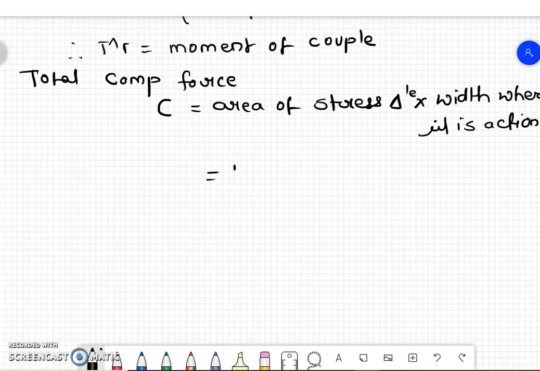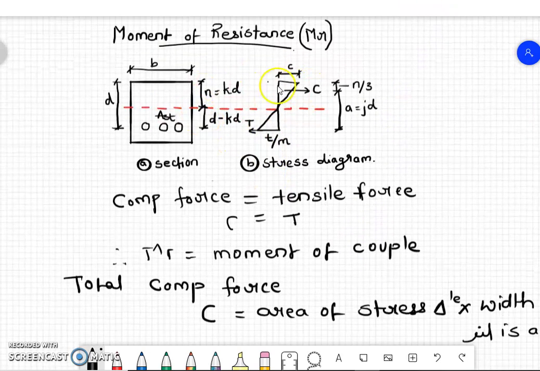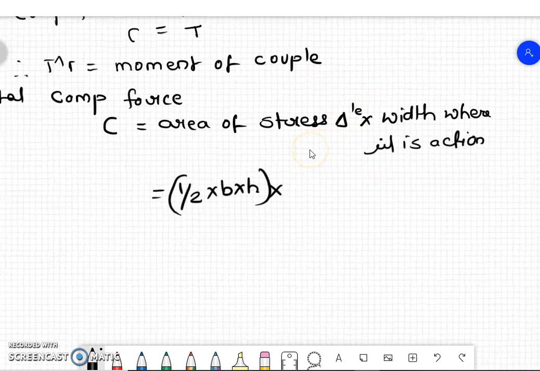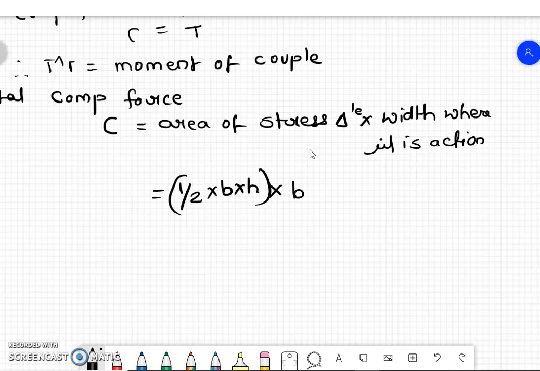Here the area is half into base into height. This is the area of the stress triangle. We will substitute base and height later. And when I say width where it is acting, this compressive force will be acting for the entire width of the beam, right from this section to this section and from neutral axis to the top. So it is basically the width of the beam, so here it will be equal to B.